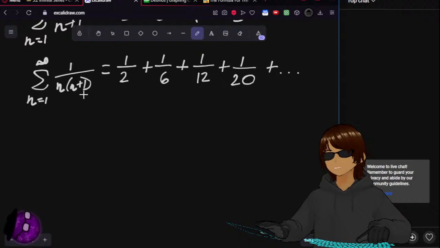You can write this as n squared plus n, right? So n squared plus n: 1 squared plus 1, 2 squared plus 2, 3 squared plus 3, 4 squared. Oh yeah, that makes sense.